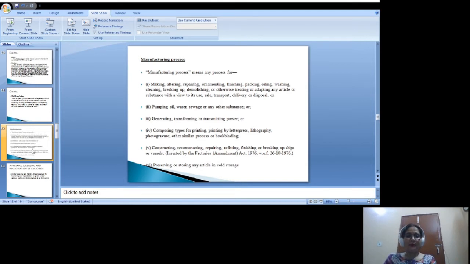Manufacturing process means any process for making, altering, repairing, ornamenting, finishing, packing, oiling, washing, cleaning, breaking up, demolishing, otherwise treating it, for example some treatment going on a particular metal, or adapting any article or substance with a view to its use, sale, transport, delivery, or disposal; pumping oil, water, sewage, or any other substance; then generating, transforming, or transmitting power; composing types for printing by letterpress, lithography, photogravure, any kind of bookbinding work, photography, press, printing; then constructing work, repairing work, refitting work, finishing of ship work, preserving or storing any article in cold storage.